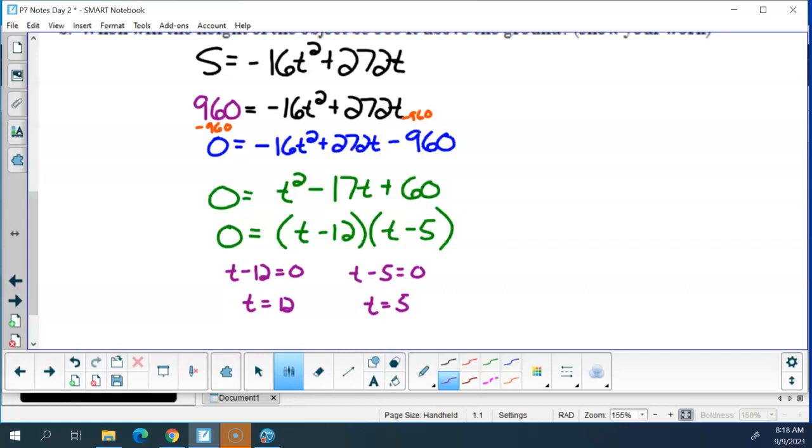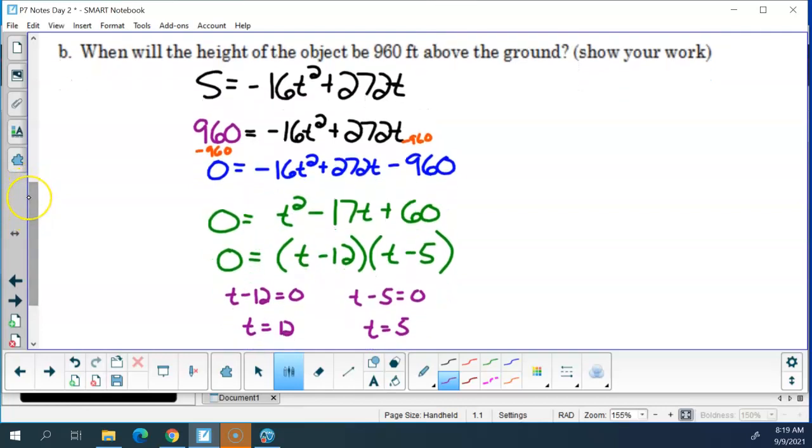So what does that mean? After 5 seconds, it should be at 960. After 12 seconds, it should be at 960. So at 5 seconds and at 12 seconds, it's at 960 feet.